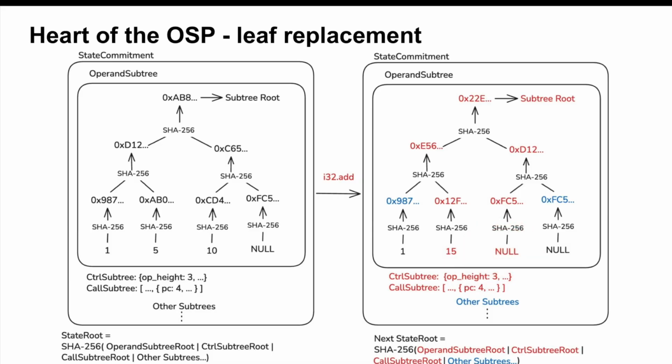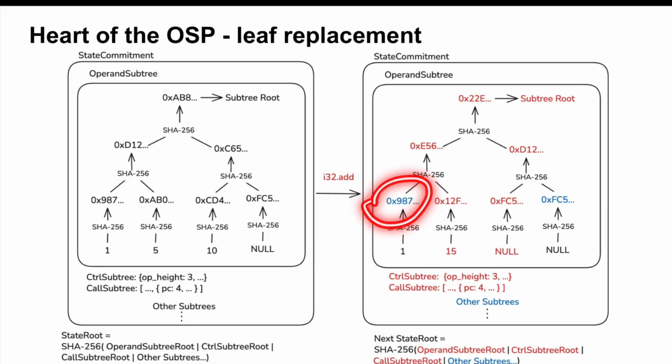And as you can see, when we change these, it only affected these leaves here, and the other leaves stayed untouched. So this is where the state witness is going to take its place.